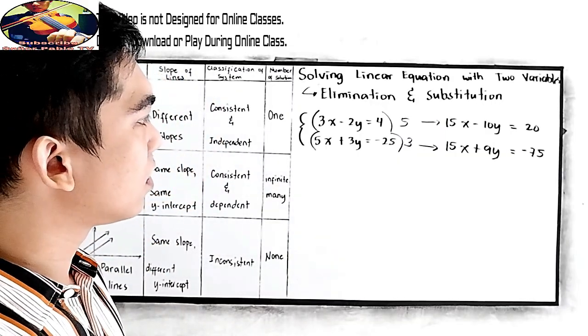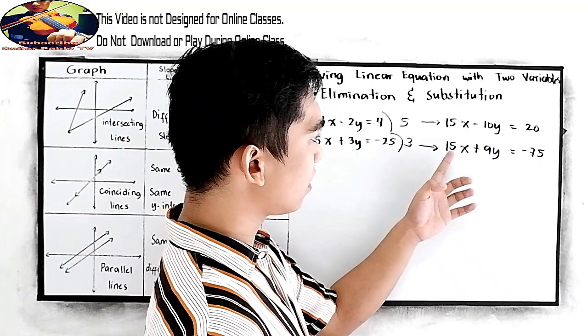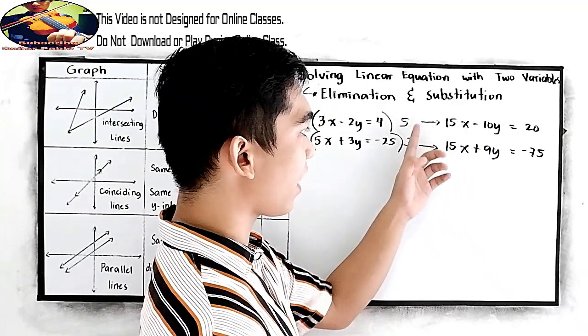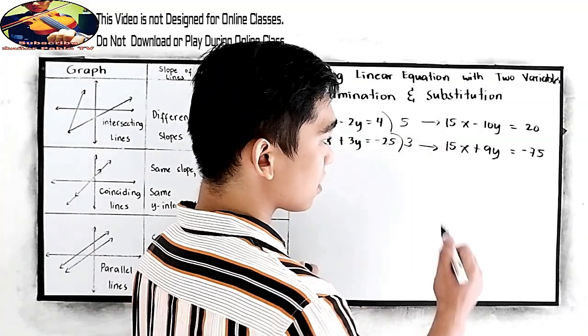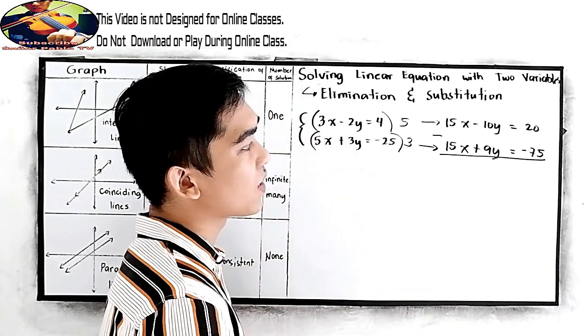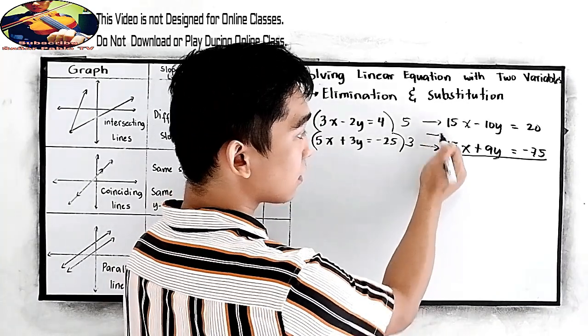Now, study the equations that we produce when multiplying by 5 and 3. So we have now the same coefficient for x. So we can now cancel this. Now we're going to subtract.